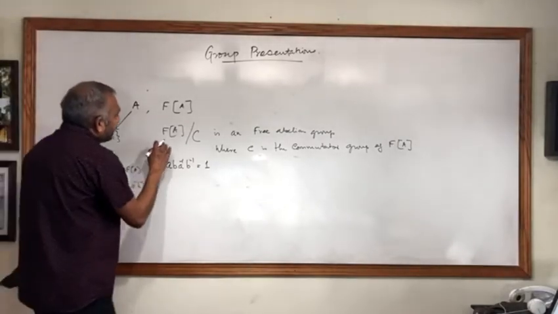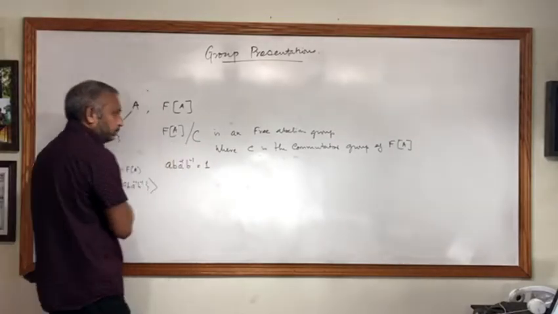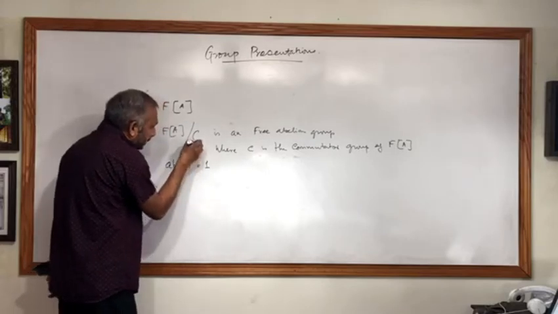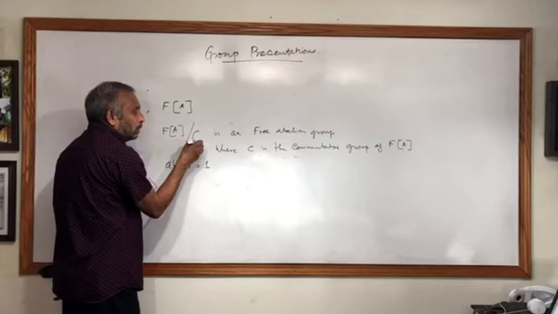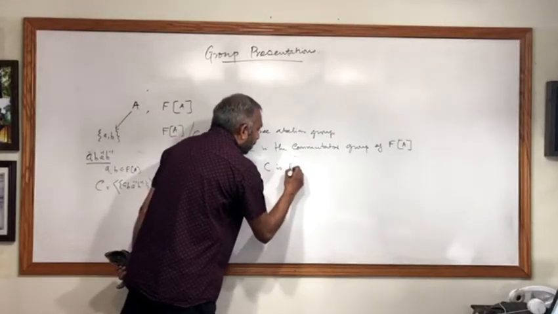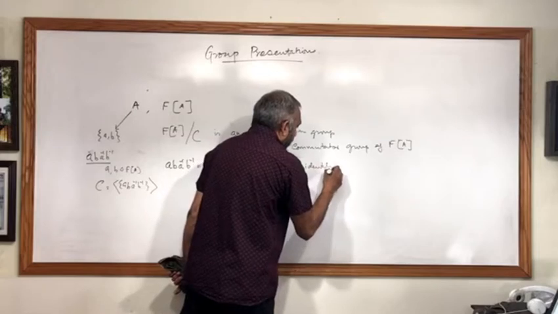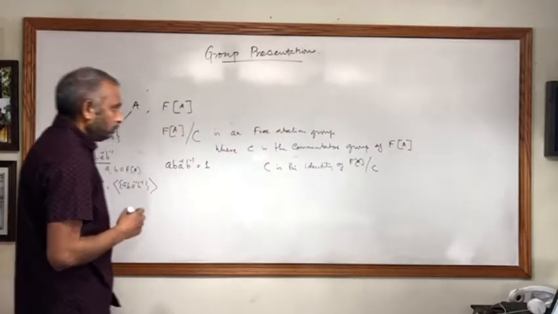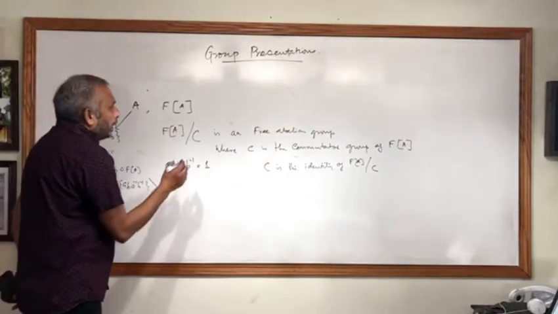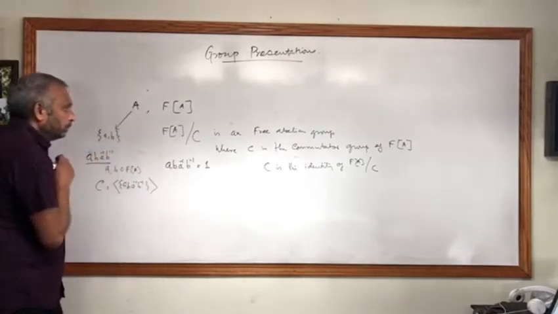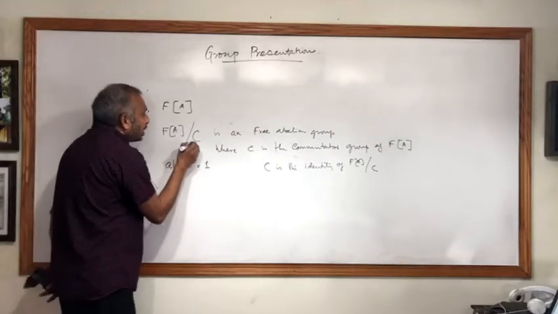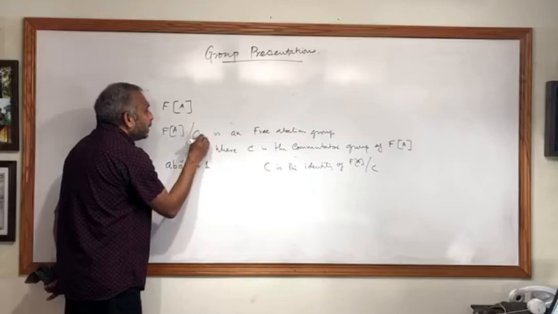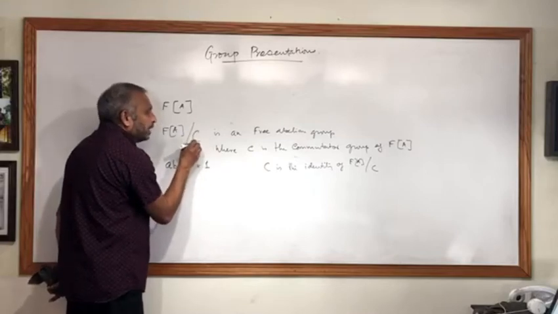When we take the factor group here, the identity of the factor group is this commutator subgroup. That is, C is the identity of F of A over C. So in the quotient group, the group containing all the elements of C, which is C itself, is the identity.